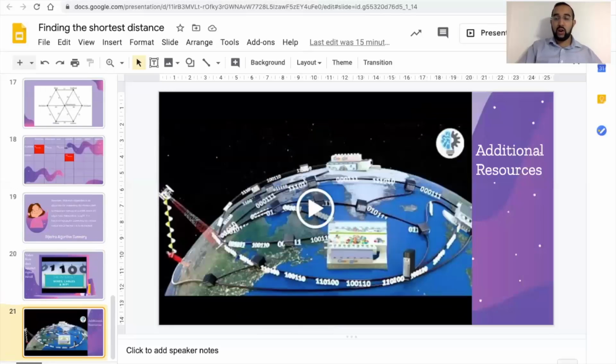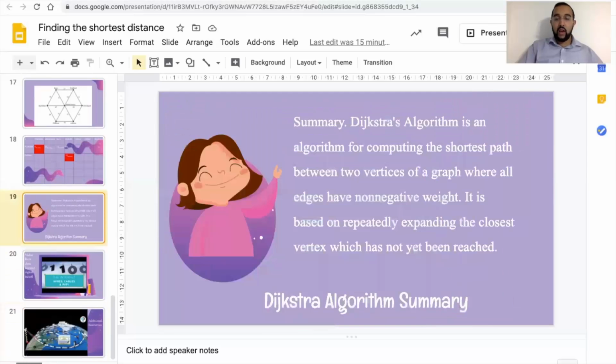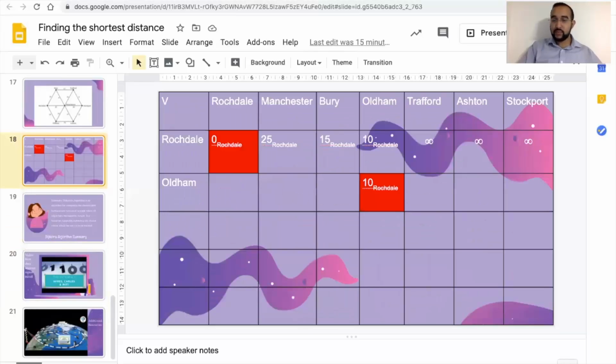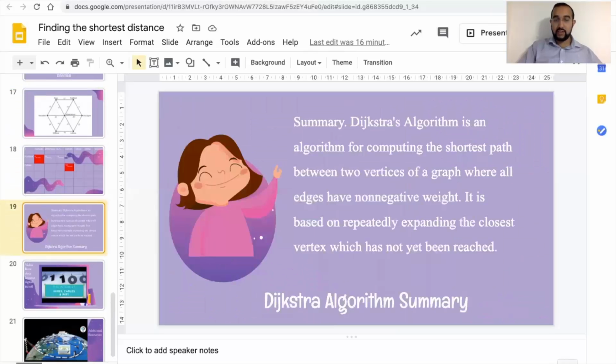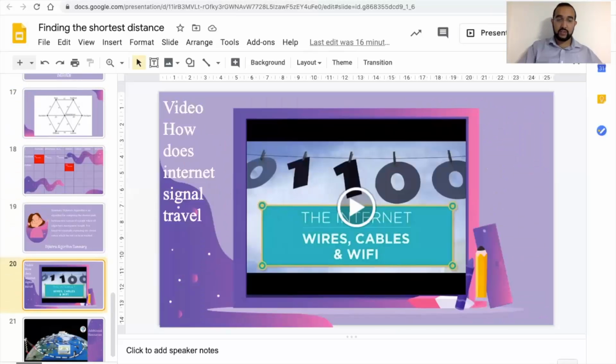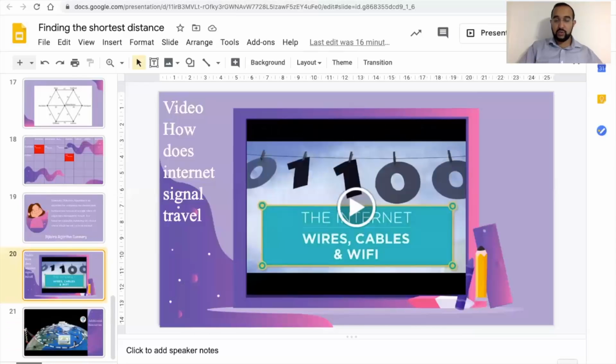And they can also watch an additional video about how the internet is connected and how things are routed from different networks. This is an extended activity if you have time, but most of your students in a class period will not have that extra time. But just in case, I like to have additional resources available to students.